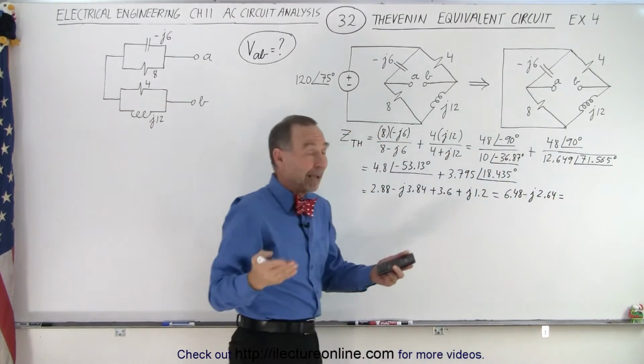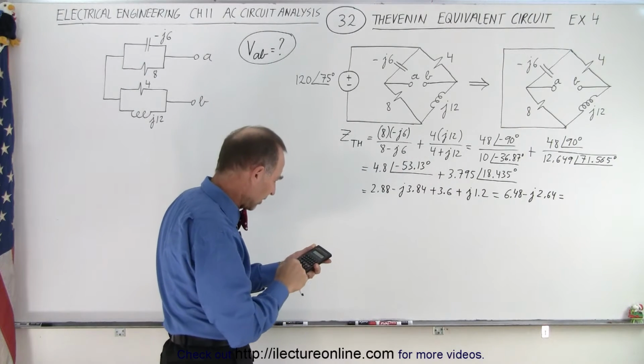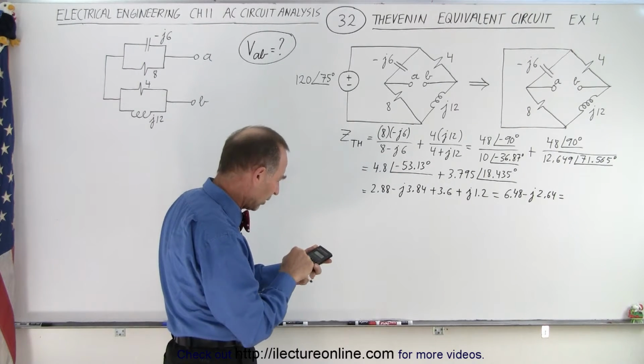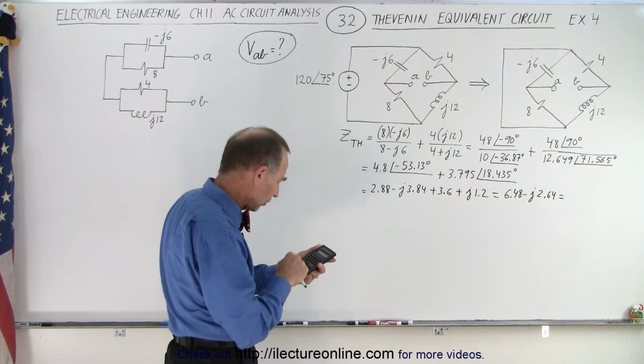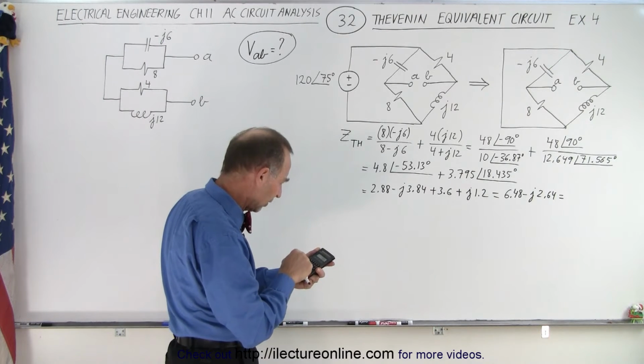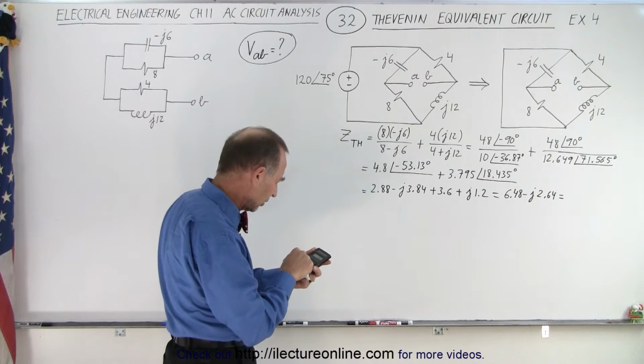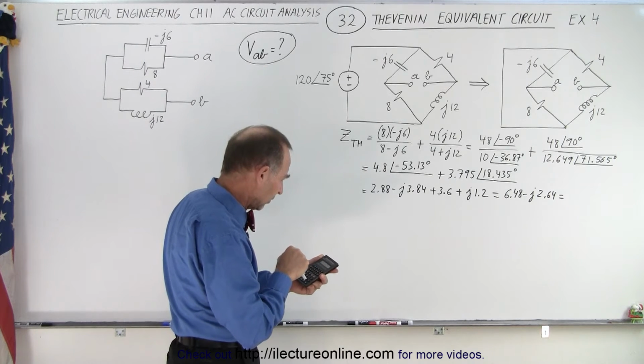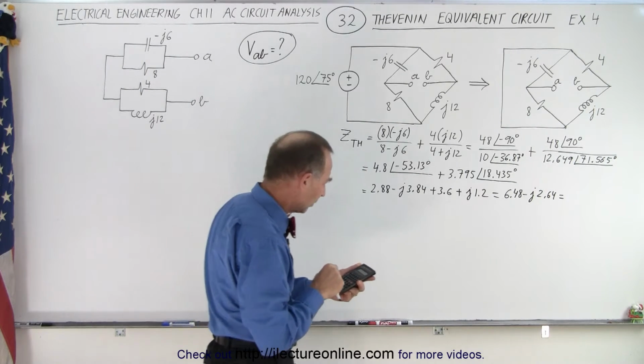And then we can convert that back to magnitude and phase angle format. 6.48 squared plus 2.64 squared, take the square root, I get just about 6.997.